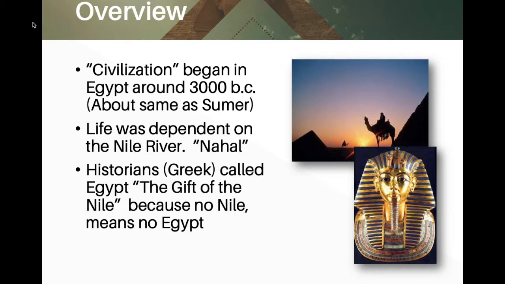So it's basically divided by these cataracts. And once it gets towards the Mediterranean Sea, it branches off into many different little rivers, which would basically make up the Nile Delta, the fertile delta, right before it dumps into the Mediterranean Sea.